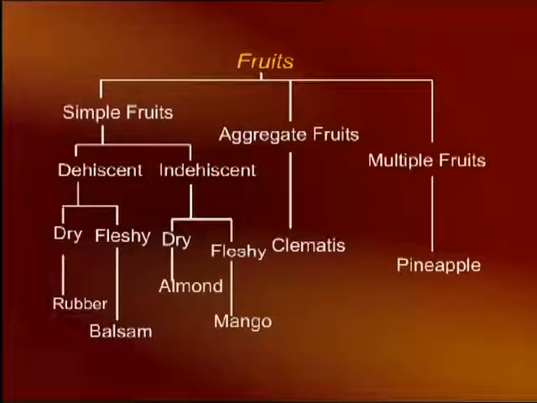At the head is the word fruits, and then you have three major categories under fruits: simple fruits, aggregate fruits, and multiple fruits. Simple fruits are again divided or categorized into two major parts.